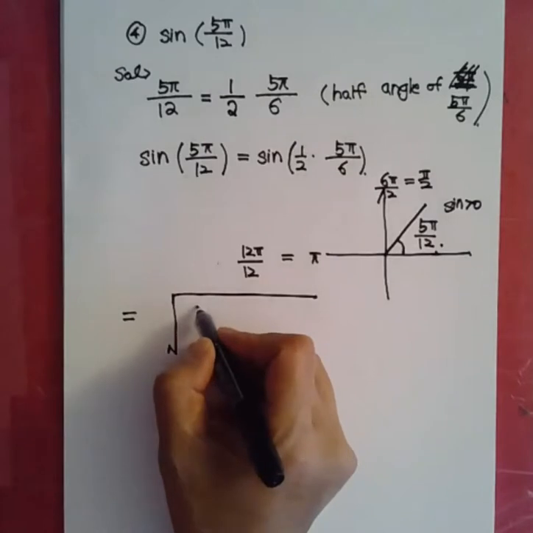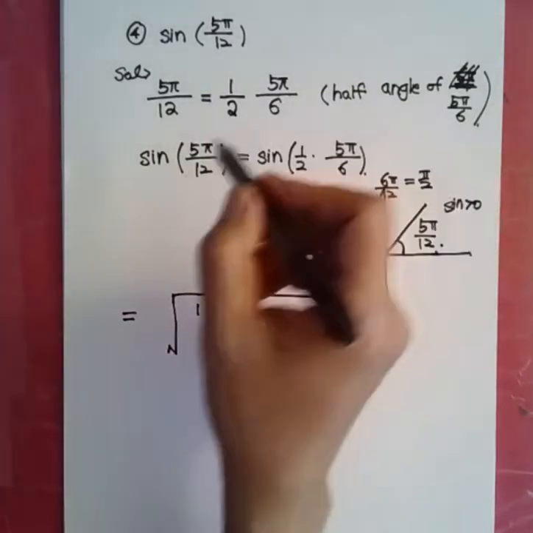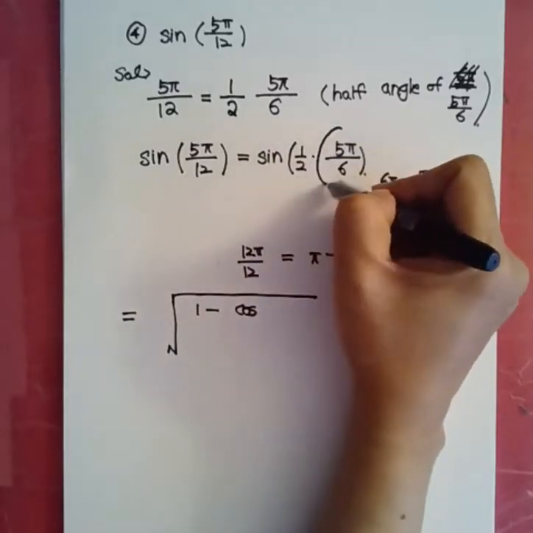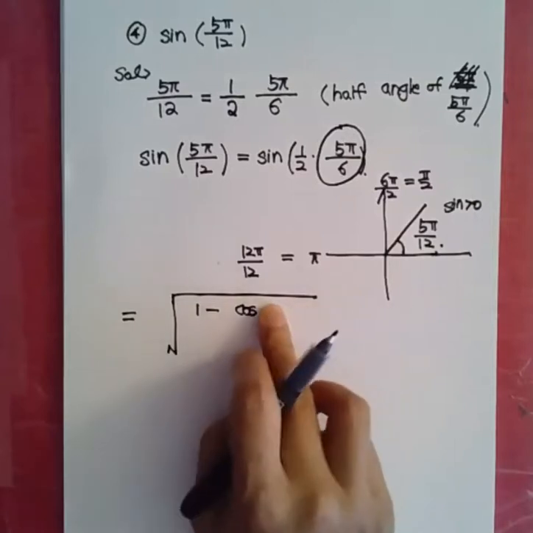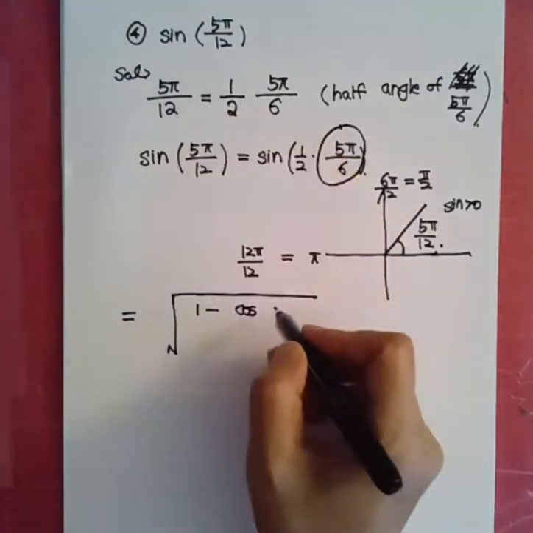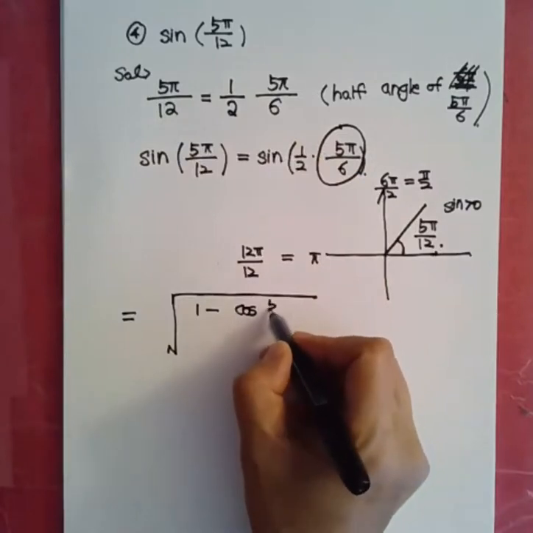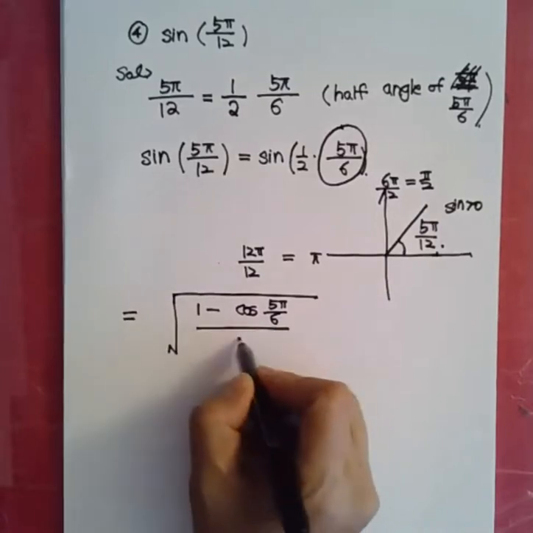Let's write it down. 1 minus cosine of, this is the half angle formula, so the angle you have to put in here is the double angle of the given angle. So that is 5 pi over 6 over 2.